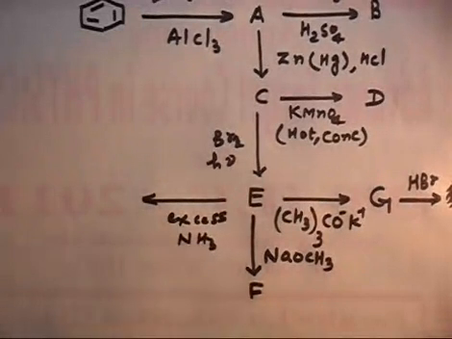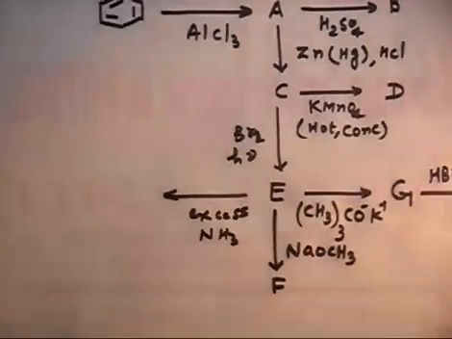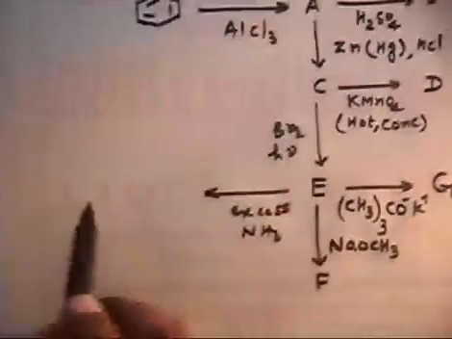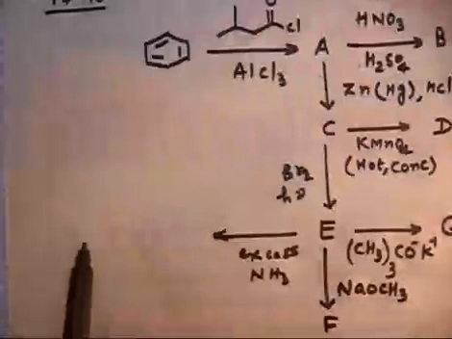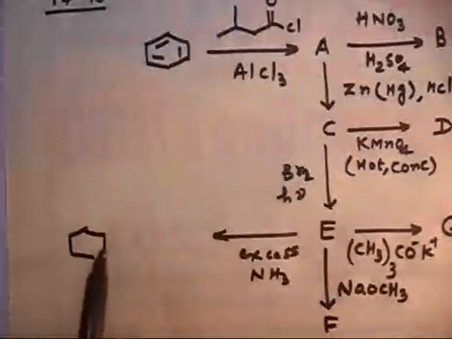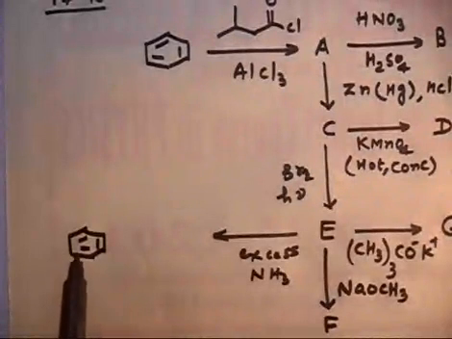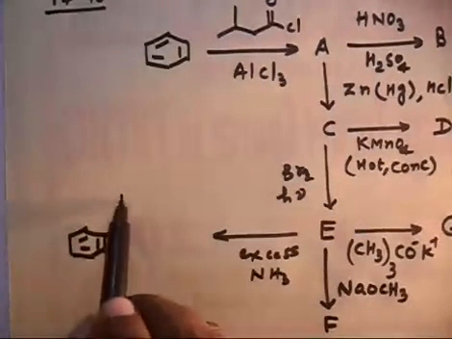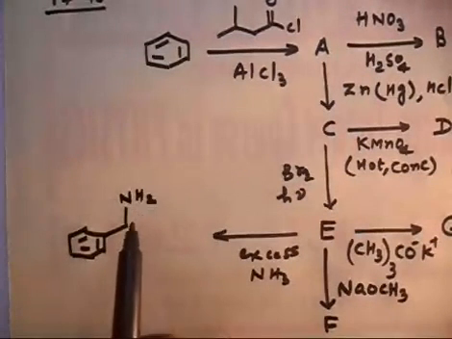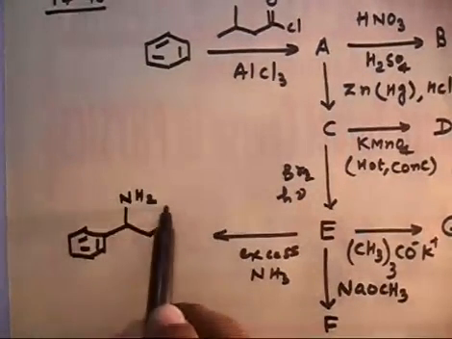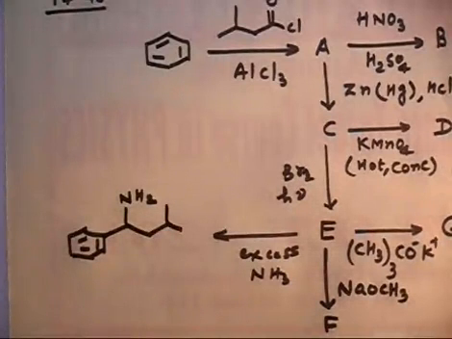If excess NH3 is used, the product is given here, and I am getting this product. Here I have NH2, and then something like this, so this is the final product.